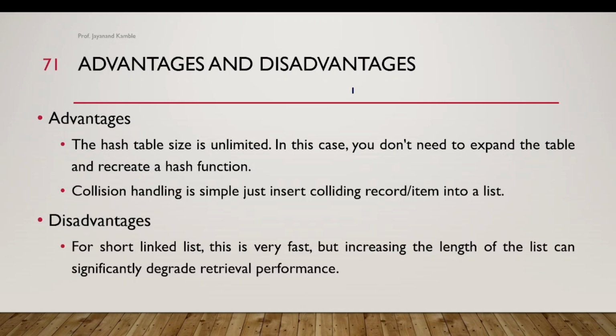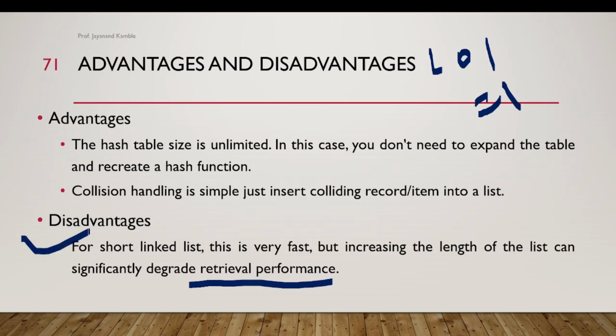So after applying the hash function on 101, I will get answer as 1. So I will go and search whether 1 matches with 101, no. Whether 11 matches with 101, no. So I need to check all the nodes, right? So searching performance is degraded, right? Retrieval performance is degraded. That is nothing but the disadvantage of the separate chaining method.